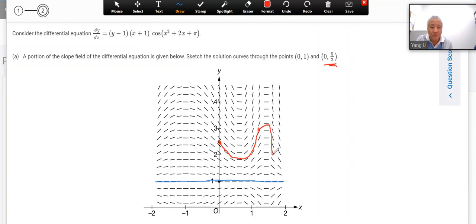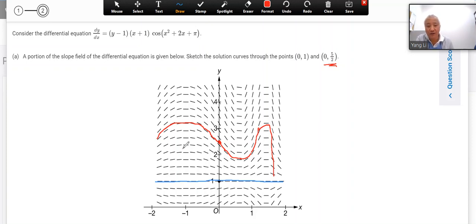Just match. Make sure each of the slope field segments will be the tangent line of this graph. And go this side further. You may trace along this slope field, go like this. Get it? This is just a general sketch of this kind of graph, okay?